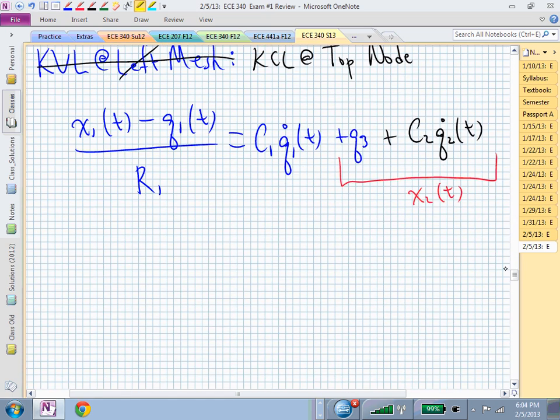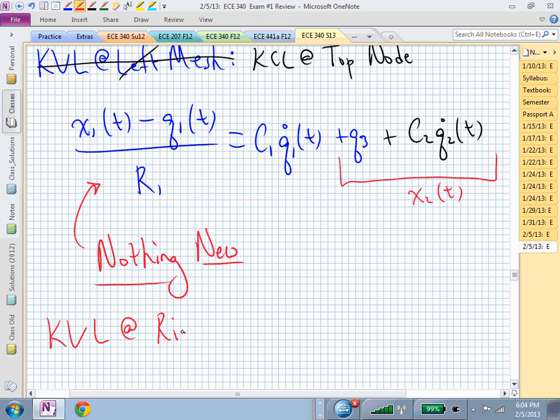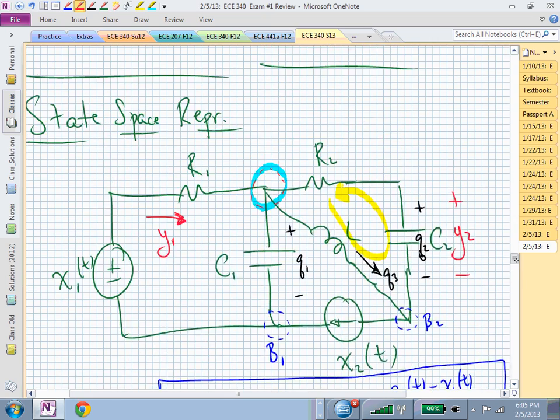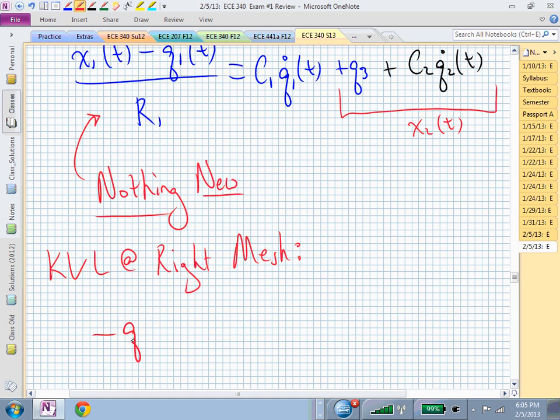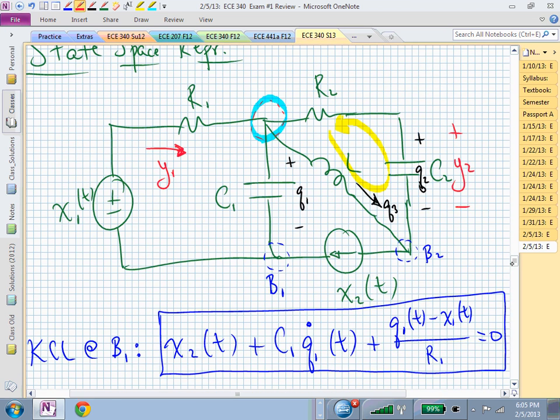So this is nothing new, but if we do a KVL at right mesh, now let's say that we start down at b sub 2 and go up. Then we have a minus q sub 2 plus, maybe that's the wrong direction.